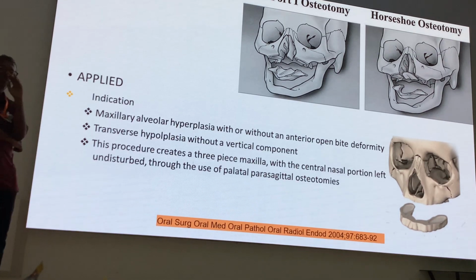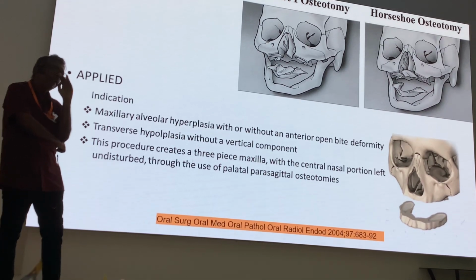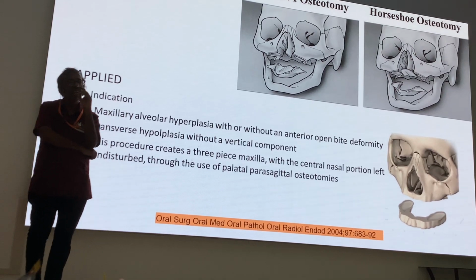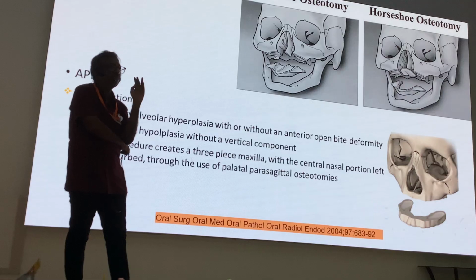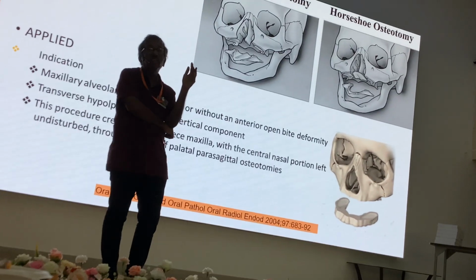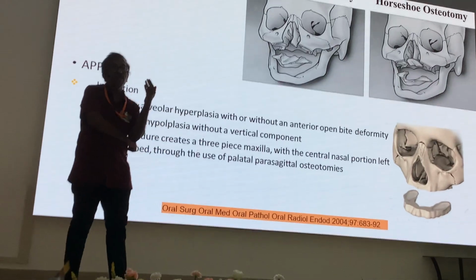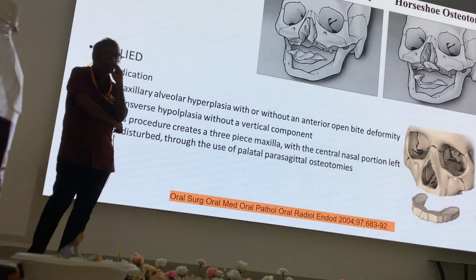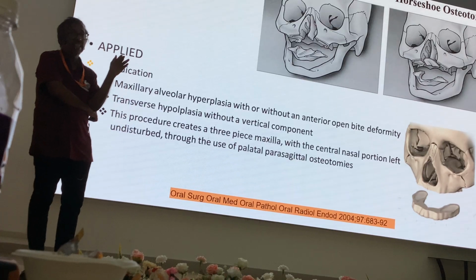So first you have to put an incision. Yes, you will start with a vestibular incision, from the vestibule up to the first molar, around 5 millimeters superior.